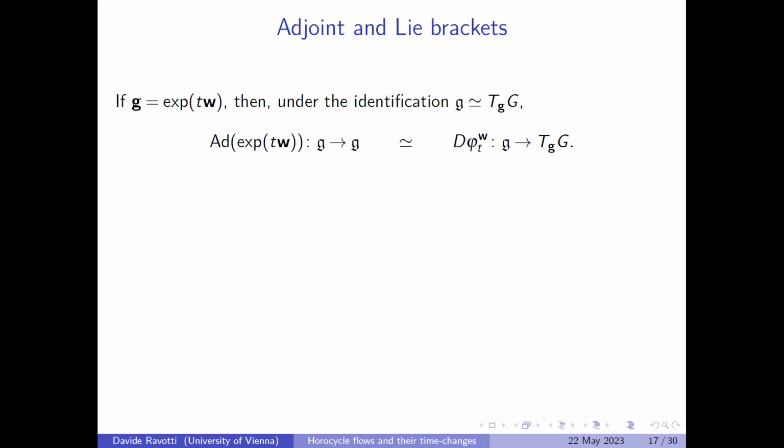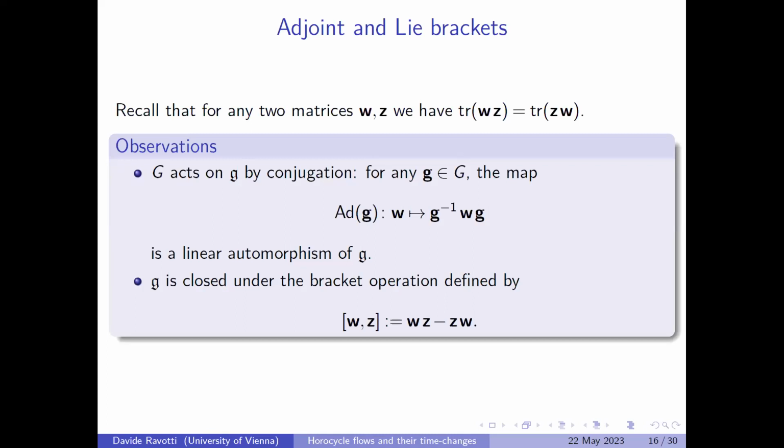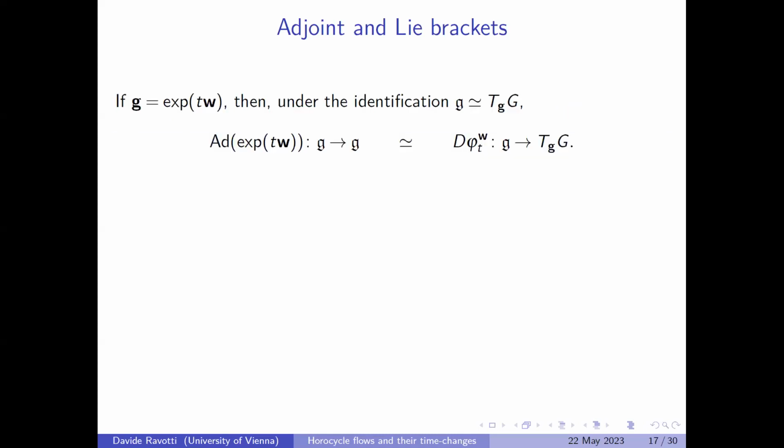So if you take the differential of this map under the identification with little g by multiplication on the left by the exponential of minus tW, you get exactly the adjoint. So this algebraic operation, dynamically, corresponds to the differential of the time t map of my flow. Does this make sense? This computation that you can do by matrix multiplication tells me, if I apply the time t map of my flow, how it acts on tangent vectors, say at the identity. But then it will be the same for all other points.